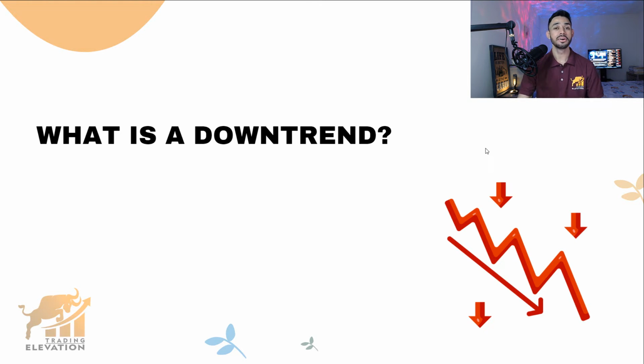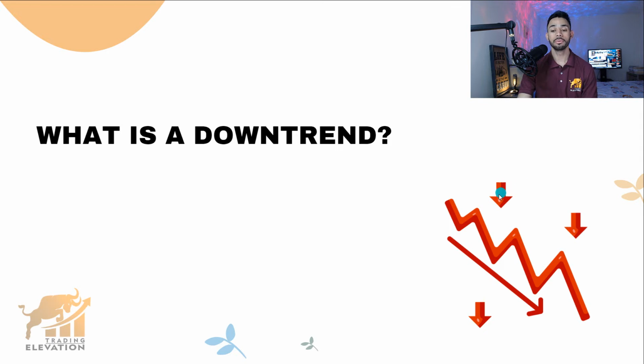Simply, when we are in a downtrend, the market makes lower lows and lower highs. What does that mean? That means as the market is trending, the next low always exceeds the previous low, completely covering it.